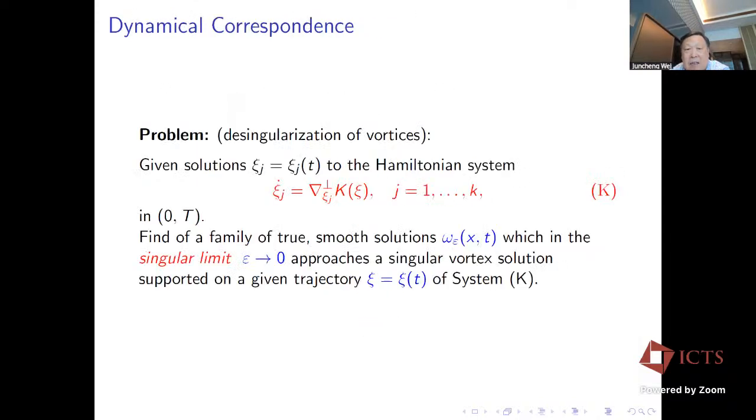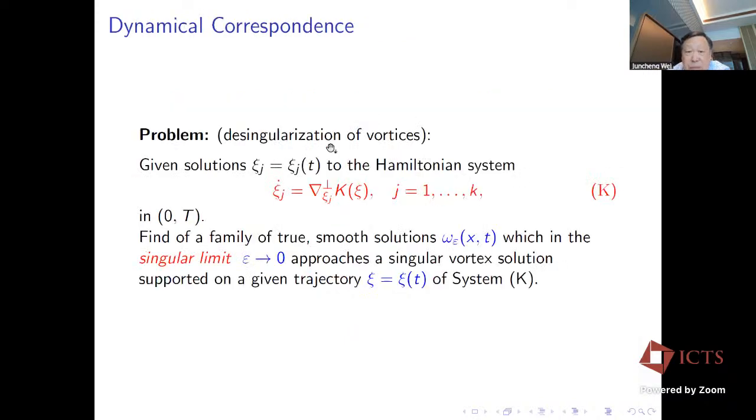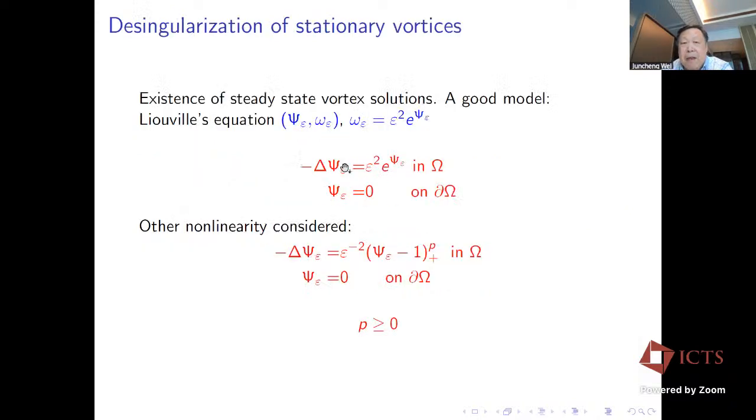So how do we find a true solution of the Euler equation? If we assume that we have a steady state for the Kirchhoff-Routh, so these are critical points of the Kirchhoff-Routh function, then we can do an elliptic construction.